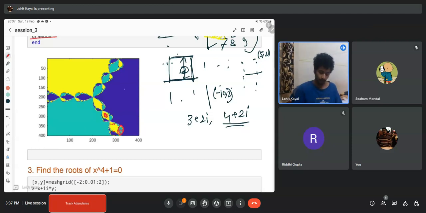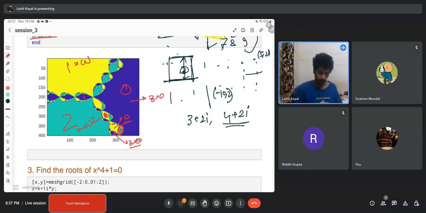Maybe this is 0, this is 1, this is 2. You can assume this value corresponds to z equal to 0, this is z equal to omega, this is omega square. I'm just telling you arbitrary guesses. So this solution goes to omega square, but just beside that this solution goes to z equal to 0, and this solution goes to z equal to omega.